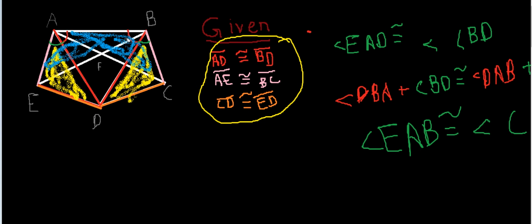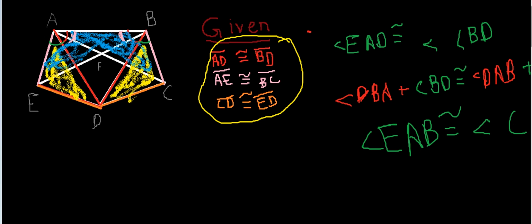Because if we can prove these two congruent, we know that this little angle right here, in pink, is congruent to this little angle right here. And if we know that, we can say that these two sides, AF and FB, are congruent, which proves that triangle FAB is an isosceles triangle, which is what we're trying to prove.